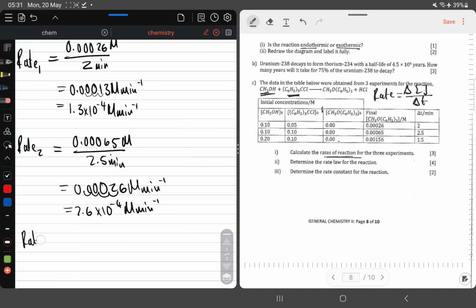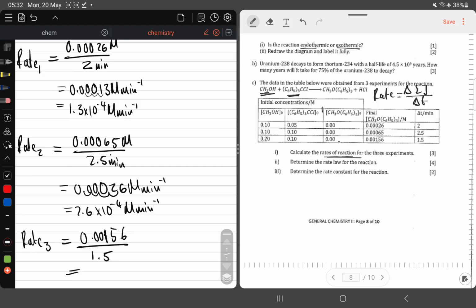And then you go to rate 3, it is going to be 0.00156 divided by 1.5.